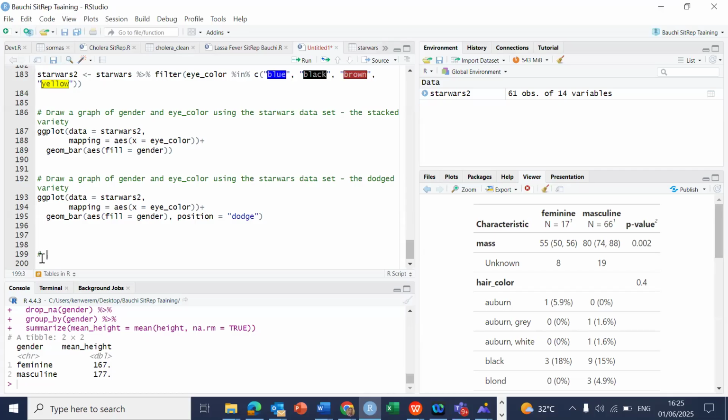So we're going to start looking at a graph for two variables. So I'll say, draw a graph of... let me just look at the data set again now. Star Wars, where are you?